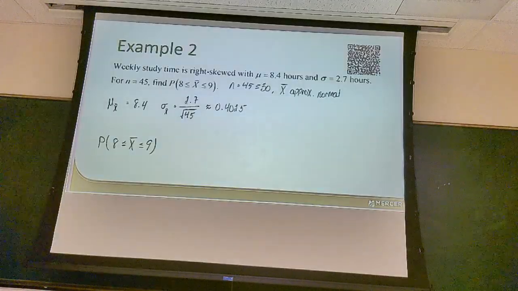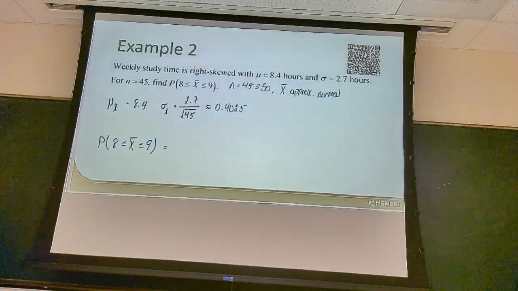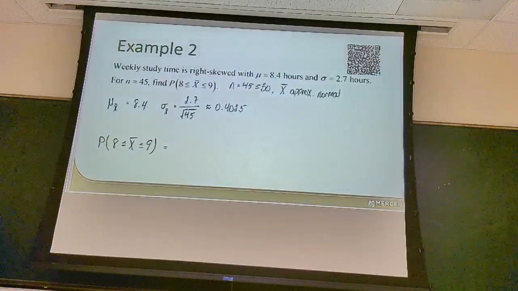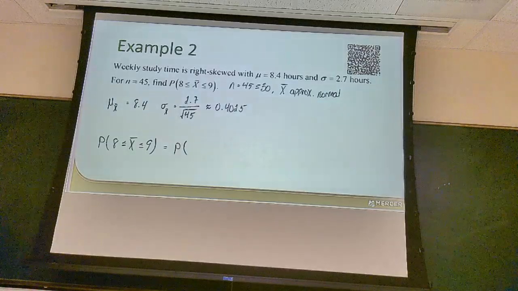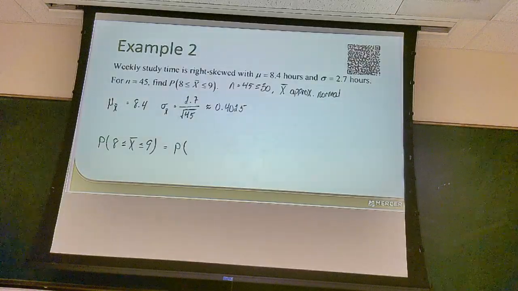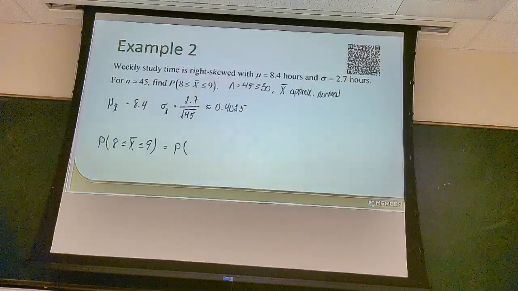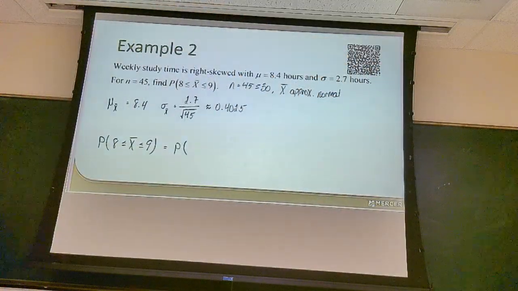I'm used to using 4, so I'm just going to use 4 for everything. We have to standardize it, right? Because we're reading this from a table. I'm not going to write out the standardization this time. It's going to be 8 minus 8.4, then divided by that 0.4025.